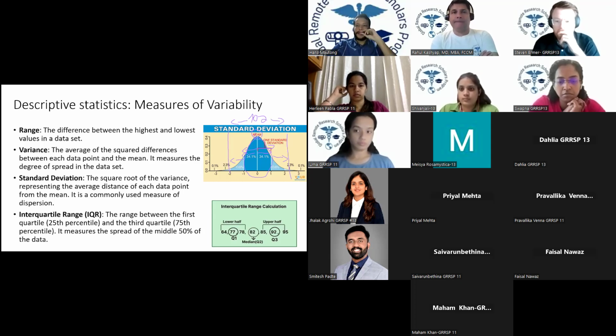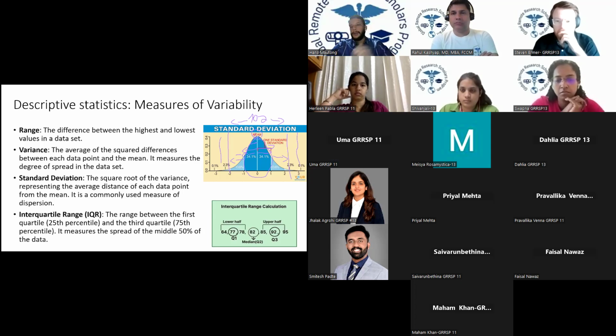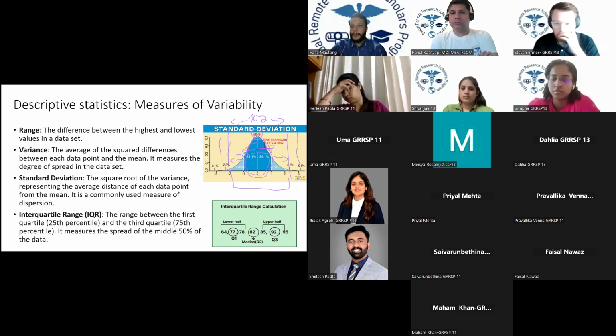So what this basically tells you is that some value can be located either one standard deviation or two standard deviations or even three standard deviations. And these standard deviations actually account for 68% of your data for one standard deviation and 95% of your data in two standard deviations.